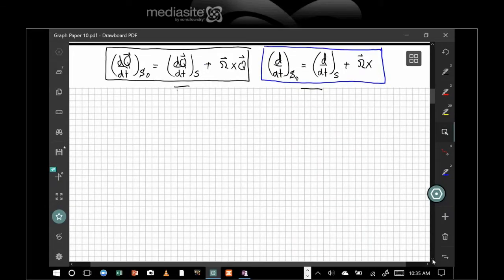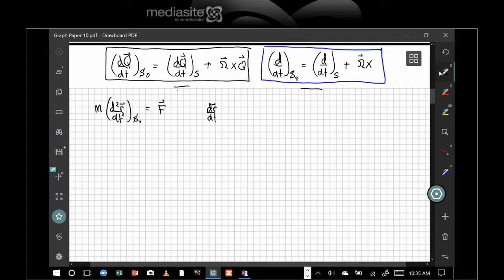If at one time x_i hat is here, at another later instant it is here, it rotates like this. The difference is going to be along the same direction as dx_i hat/dt. So then that allows me to take this expression here and write out this term here. Now again, my vector is q, and the system is rotating with an angular velocity capital Omega, so instead of having a little omega, I'm going to put capital Omega.